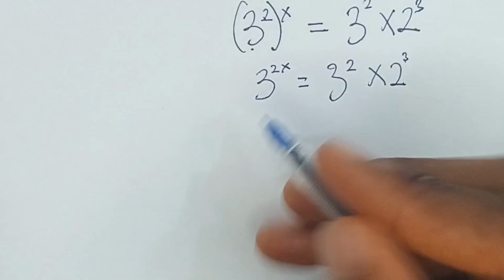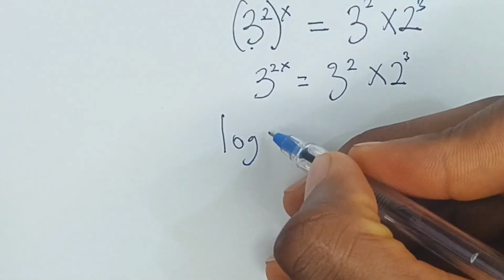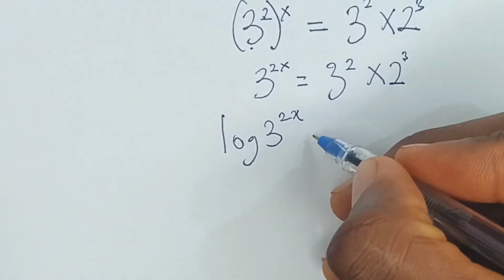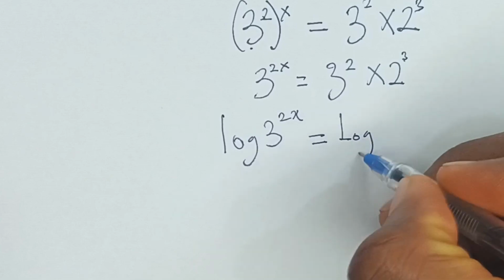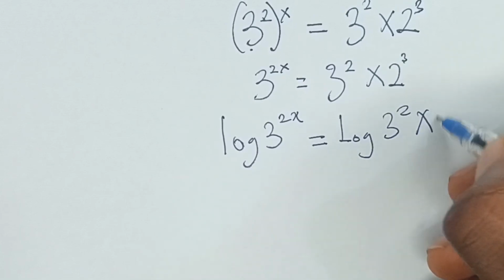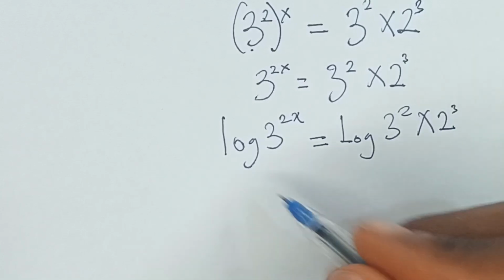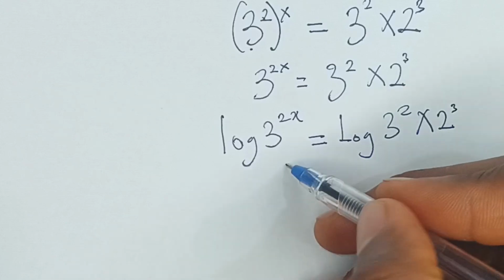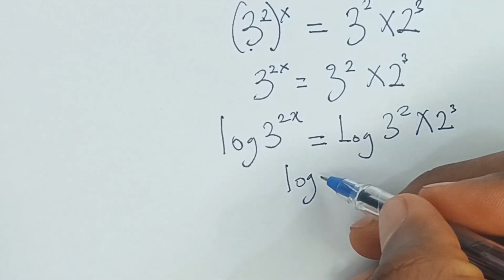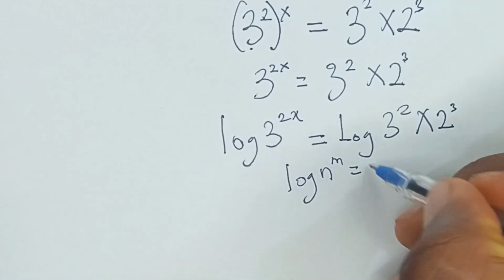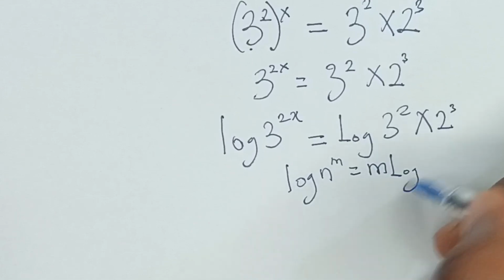So let's say the logarithm of 3 to the power 2x is equal to the logarithm of 3 squared times 2 to the power 3. Now from here, when you have logarithm of n to the power m, it is equal to m multiplied by logarithm of n.